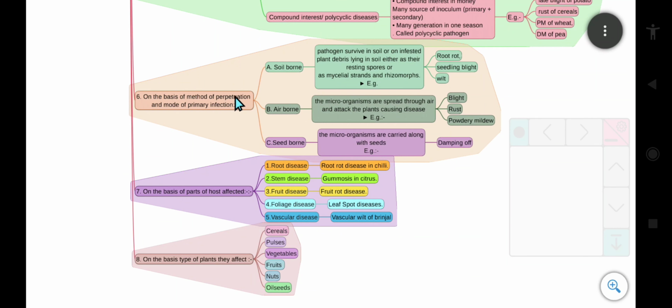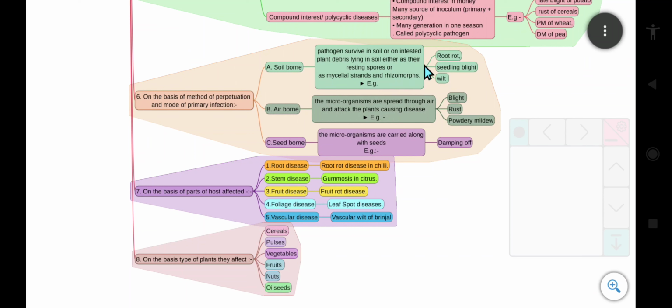And the sixth one is the classification of plant diseases on the basis of method of perpetuation and mode of primary infection. It is divided into three parts. The first one is soil borne, the second one is airborne, the third one is seed borne. In soil borne plant diseases, the pathogens survive in soil or on infested plant debris lying in soil, either as resting spores or as mycelial strands and rhizomes.